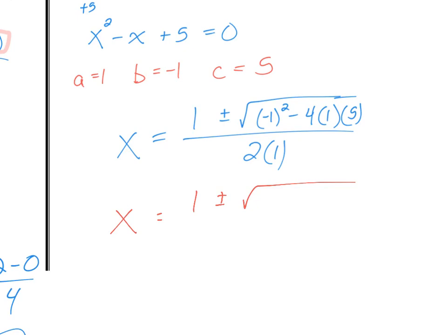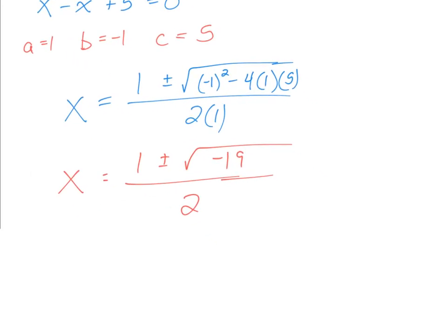So in the square root, -1 squared is 1, and 1 minus 4 times 1 times 5 is -19. And the bottom, 2 times 1 is 2. So remember that the square root of -19 is really the square root of -1 times the square root of positive 19, and the square root of -1 is i.